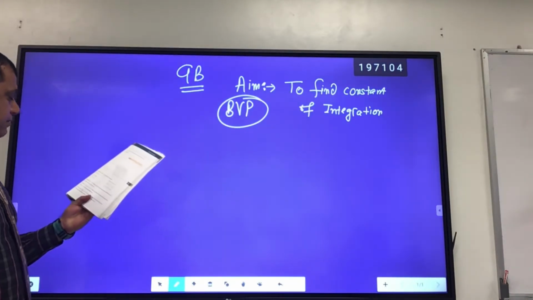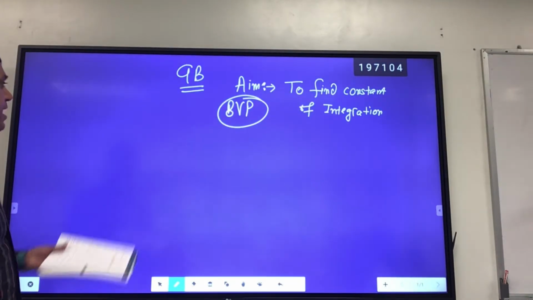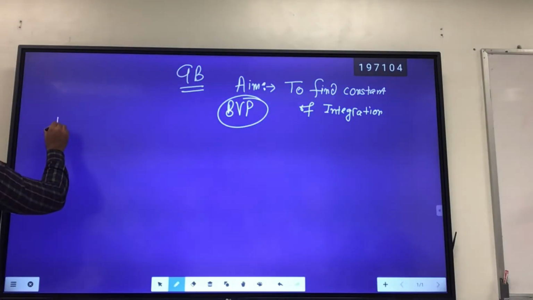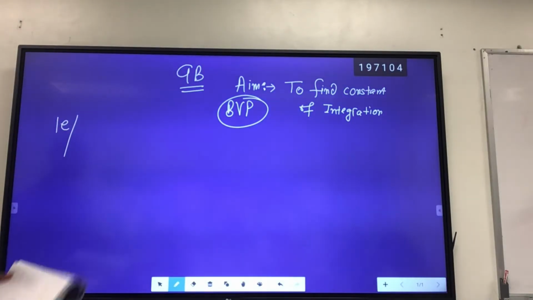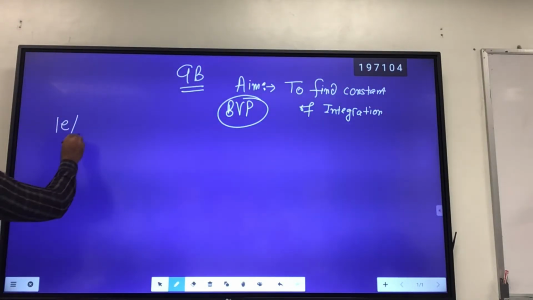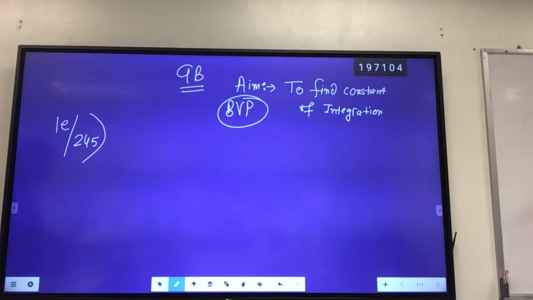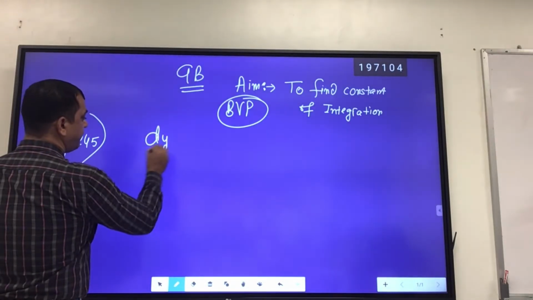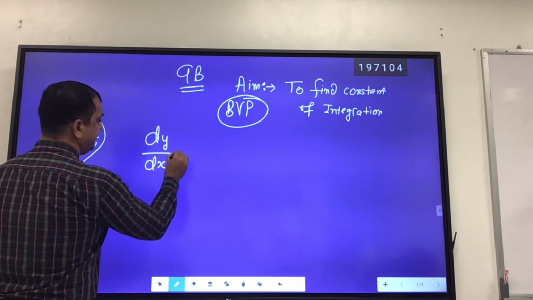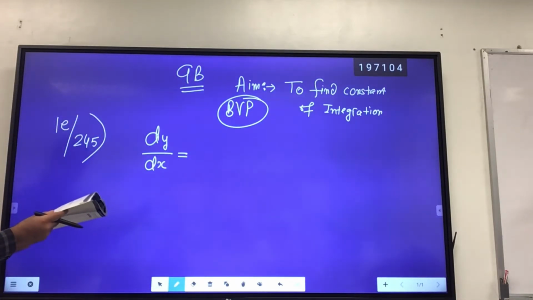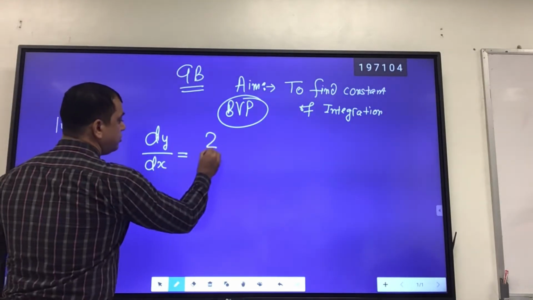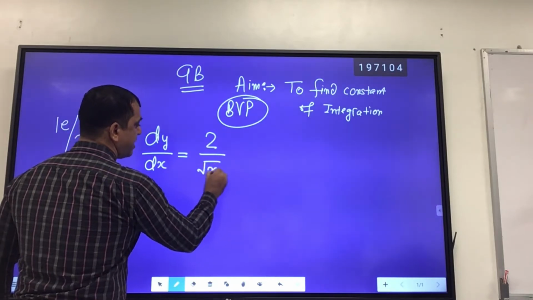Let's try first question, E part, page number 245. The question is, find the equation of the curve given dy/dx. We are given the derivative of a function y. dy/dx is given as 2 over square root of x minus 1.